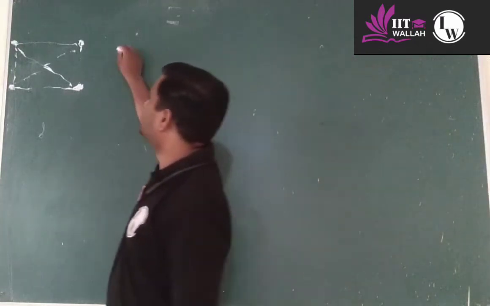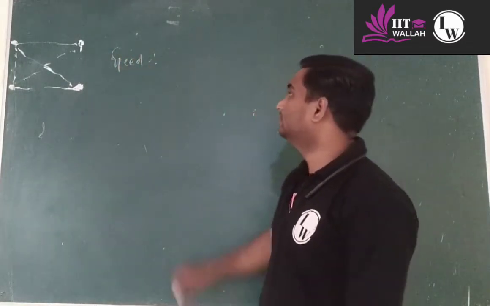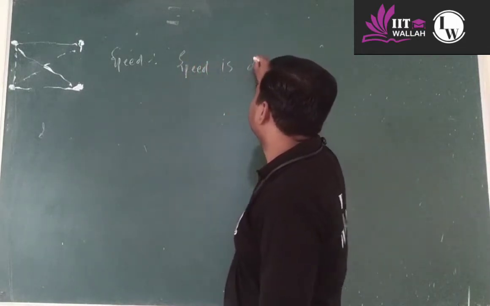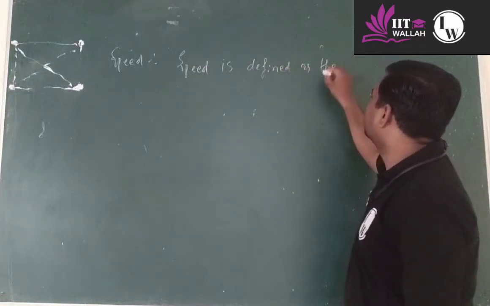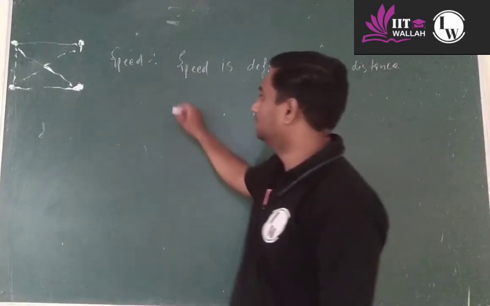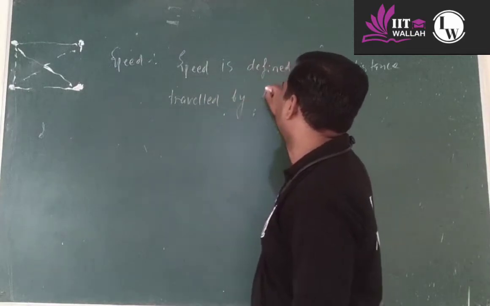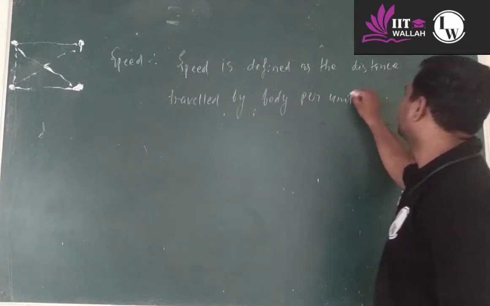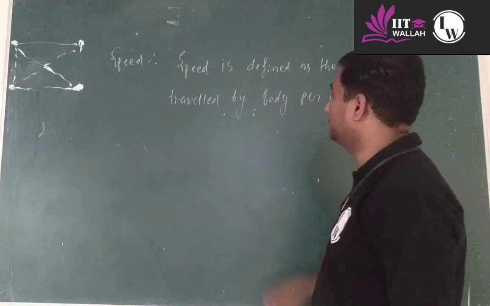So write: speed is defined as the distance traveled by a body per unit time.